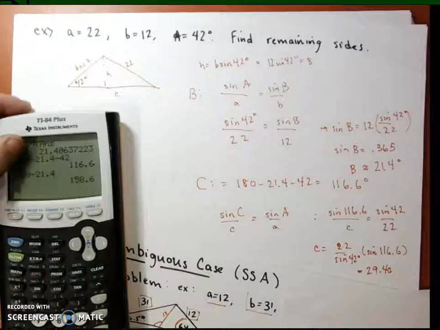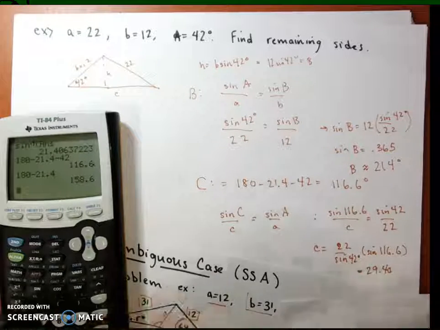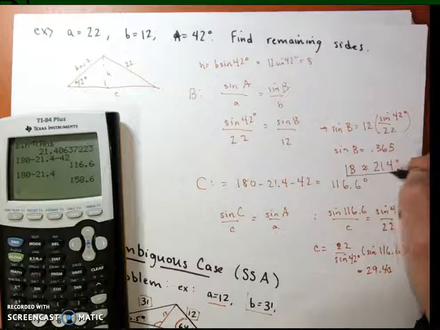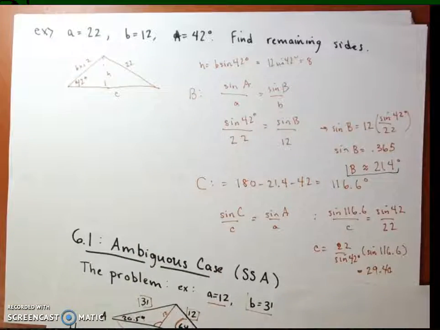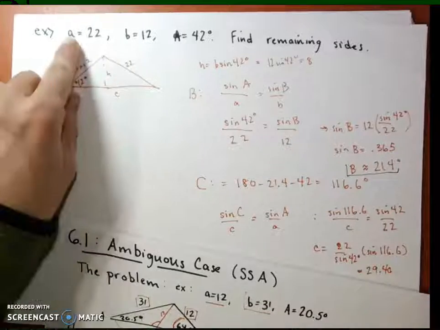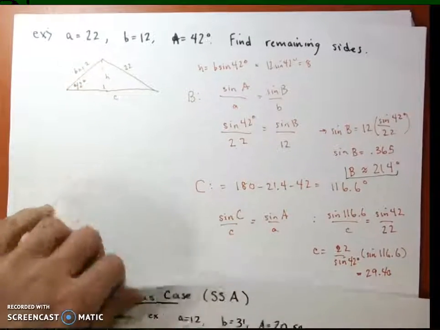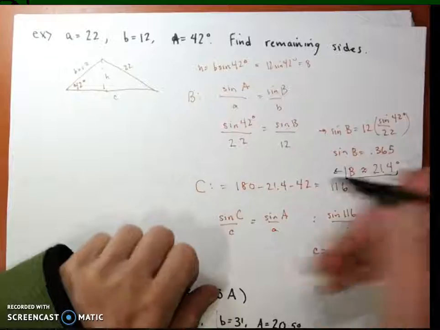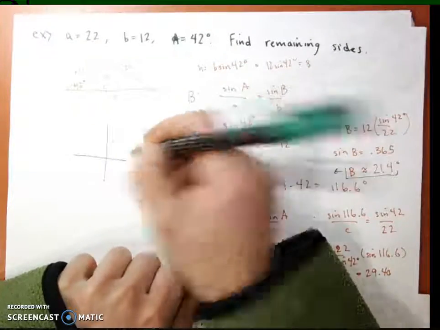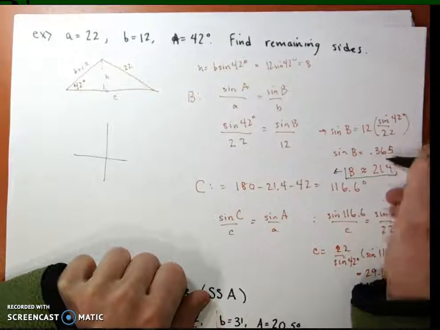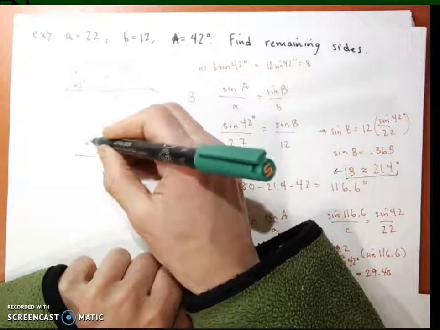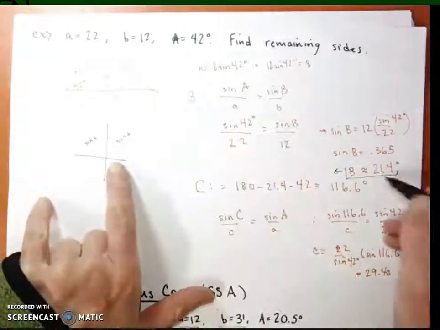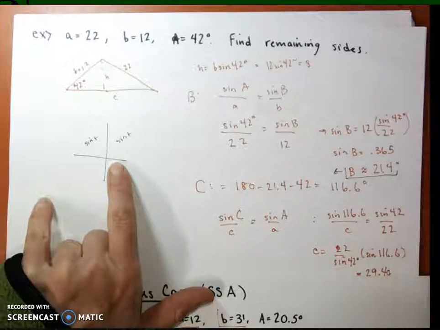So now I want to show you what goes wrong if we tried to find a second solution for B. So we know we're only supposed to have one solution in this case because little a is bigger than little b. But if we were to find a second solution, here's the idea. Sine is positive 0.365. Sine is positive in quadrant 1 and in quadrant 2. So this is our solution for B in quadrant 1.